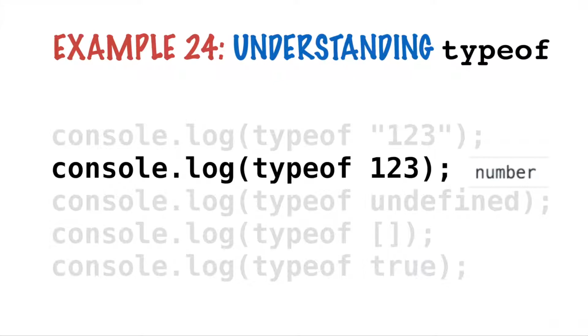The same goes true if you had a variable which is equal to 123. If the 123 was in quotes, that variable would have a type string. If a variable num was equal to 123, where 123 was not specified in quotes, typeof num would be a number.